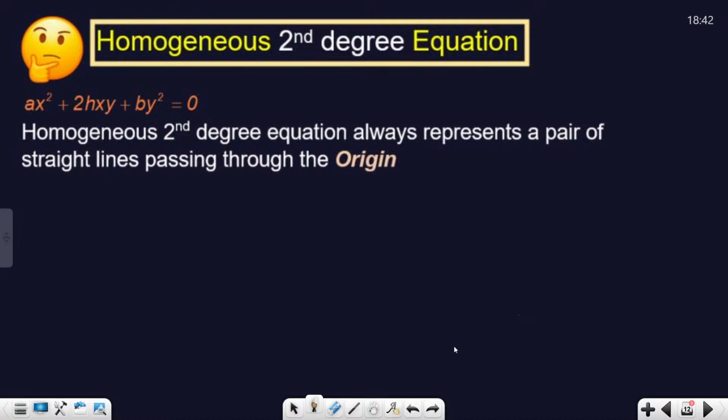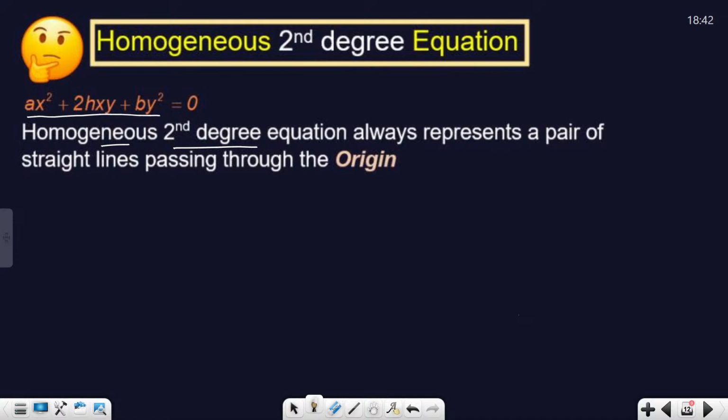And remember one thing, very, very important. Any homogeneous equation of second degree, this is a homogeneous equation of degree 2. Why degree 2? Because the exponent of the variables is 2 in all the terms. So any homogeneous second degree equation always represents a pair of lines.